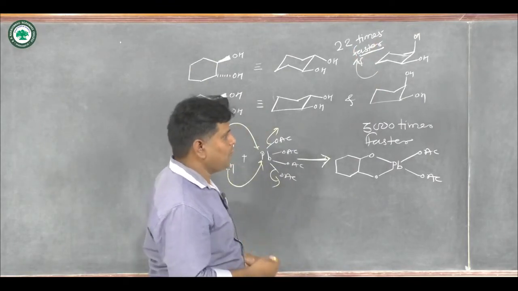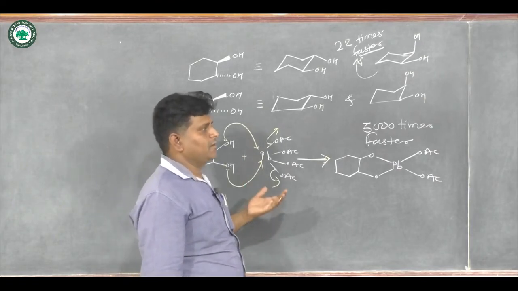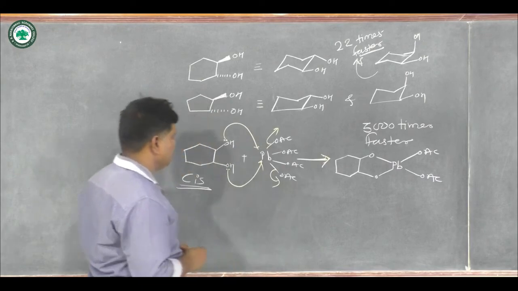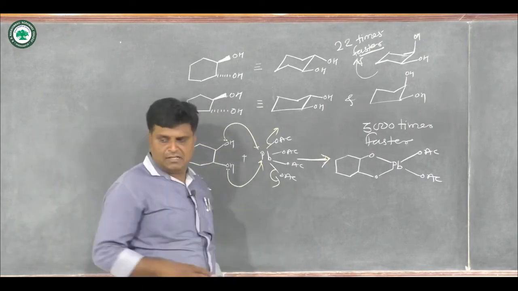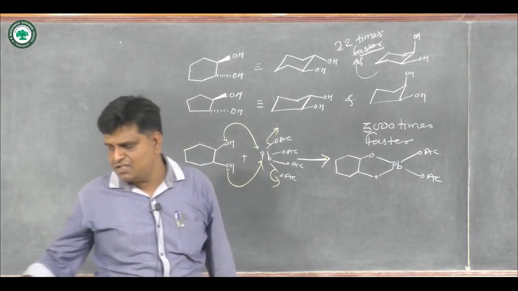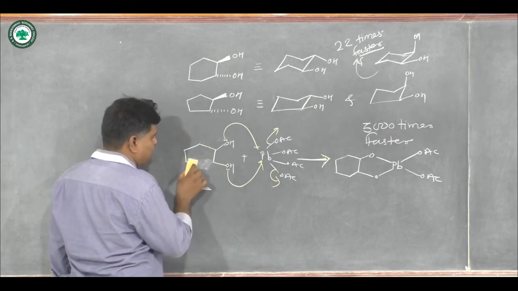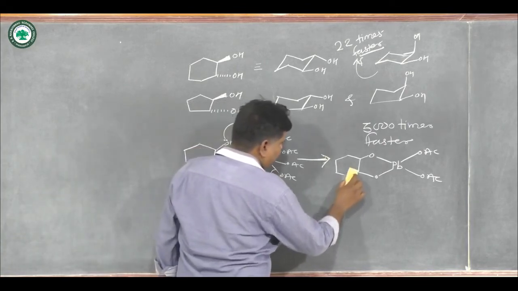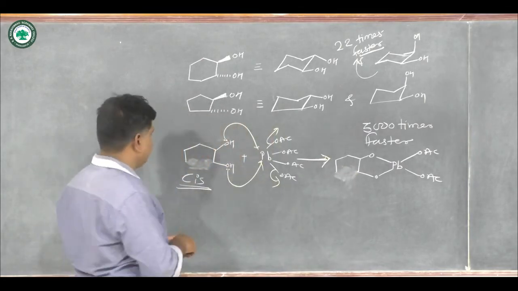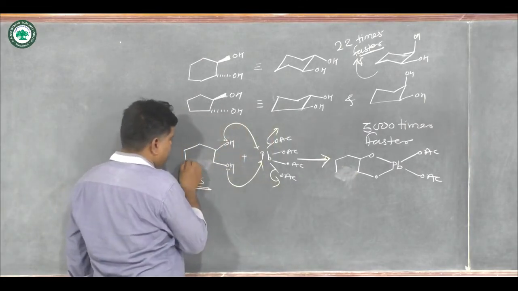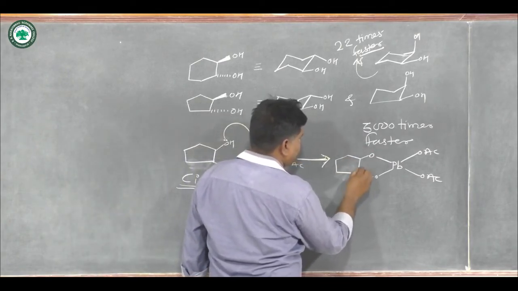But when we go for the next size reaction, or 1,2-diol, if we take another example, we only change the size of the ring. The 6-membered ring is converted into a 5-membered ring now, and we make changes in that example. Here we see this is a 5-membered ring, and here also we have a 5-membered ring.